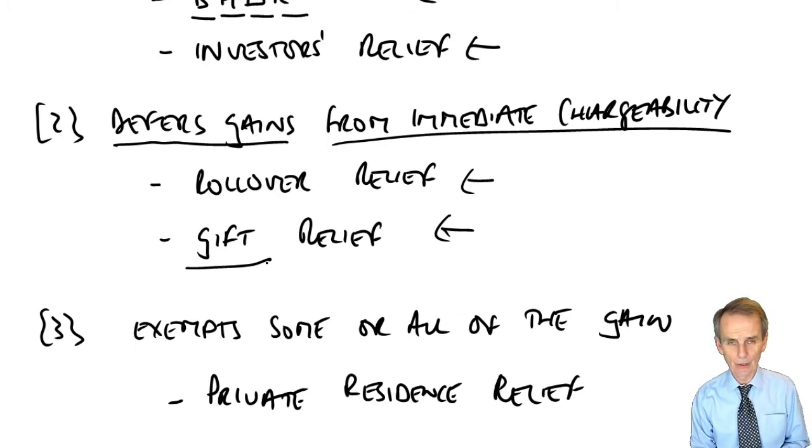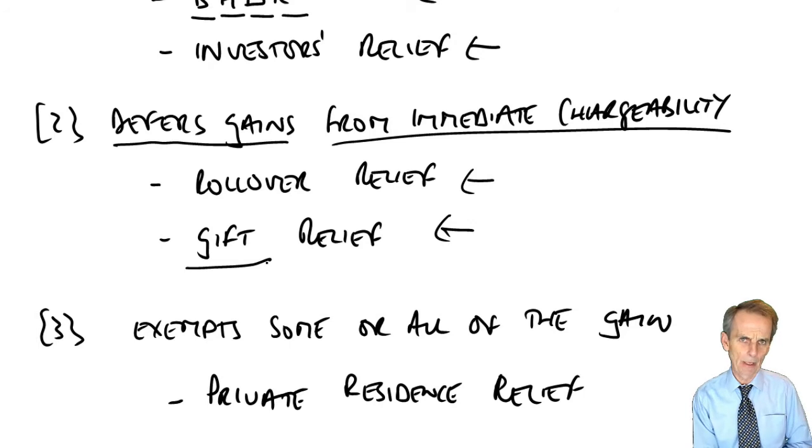One of the very first things that we've learned, and we've reminded ourselves time after time in these lectures, is that wherever we have a chargeable disposal, that includes a gift, of a chargeable asset, it is not exempt, and you are UK resident, you are a chargeable person, then a gain must be computed.